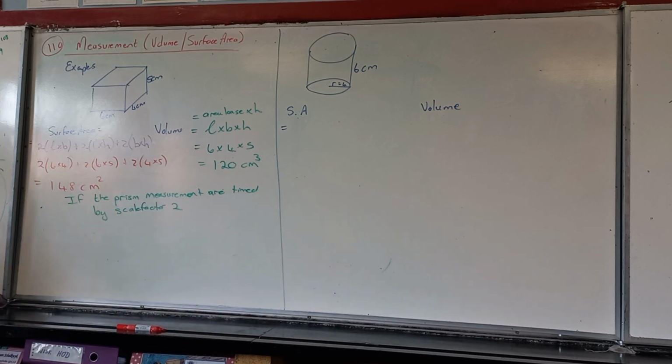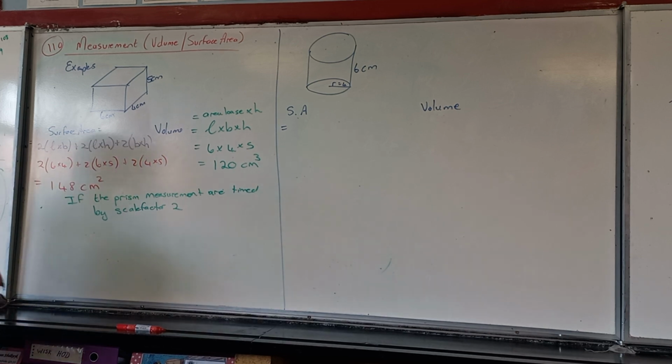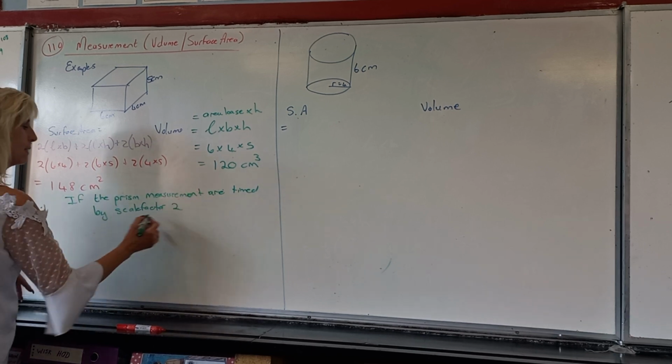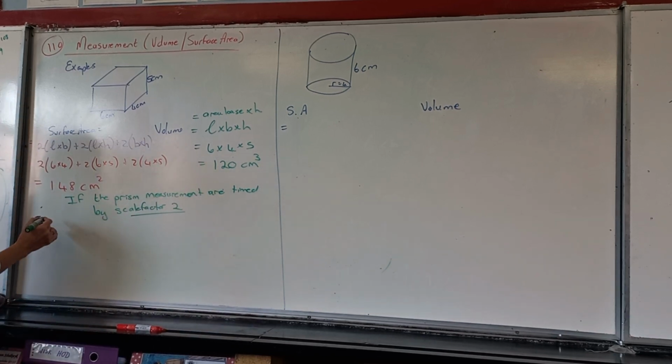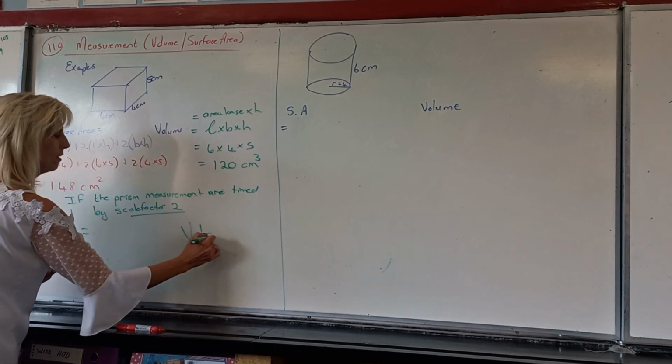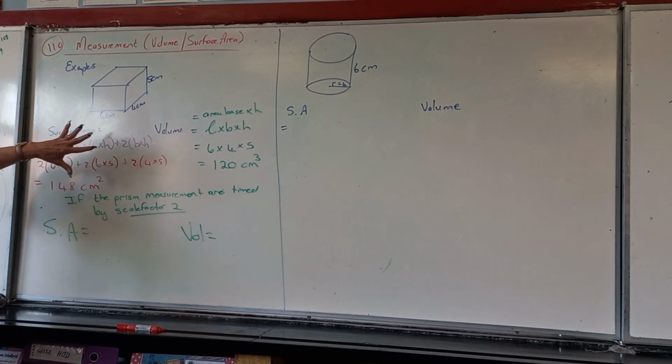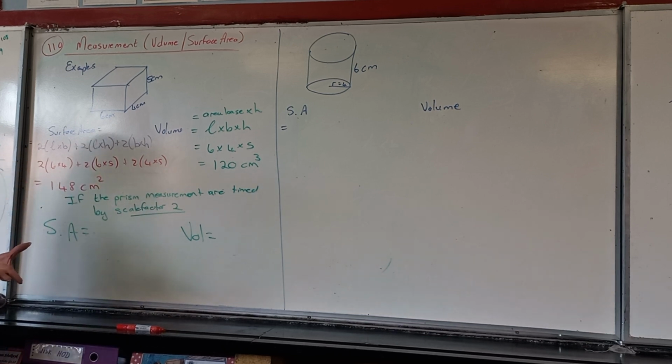Let me just make sure it was scale factor 2. I think it was 2. What does it mean? Find me, if the prism measurements were timed by scale factor of 2, what would be the new surface area? And what would be the new volume? This same thing, but it's now increased by scale factor 2.